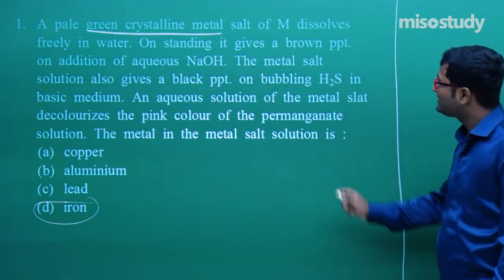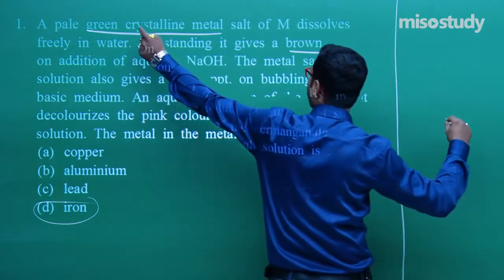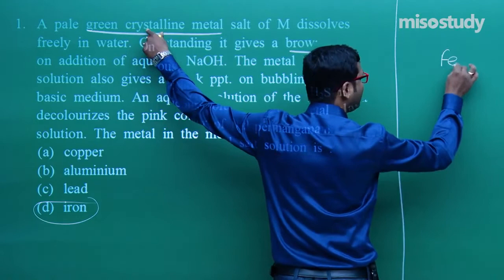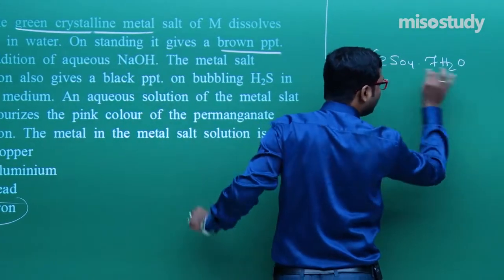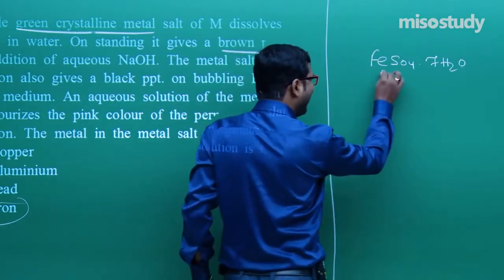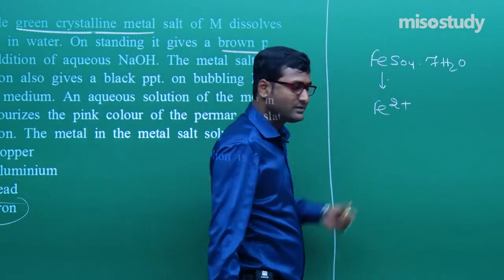Prediction is so easy. The pale green crystal is definitely FeSO4·7H2O, green vitriol, and here Fe is in the +2 oxidation state.